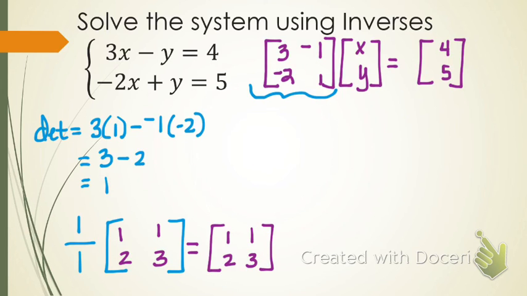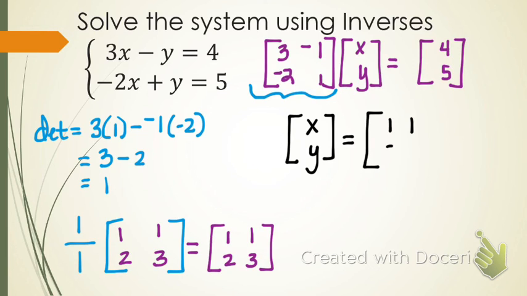So now what we need to do is take this matrix and multiply it by 4, 5. So matrix x, y equals our inverse matrix multiplied by 4, 5.